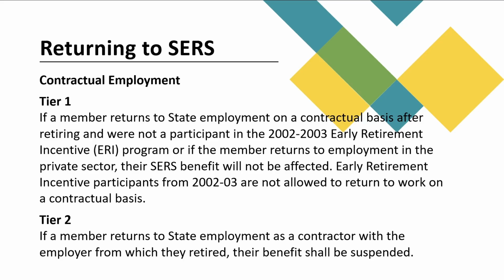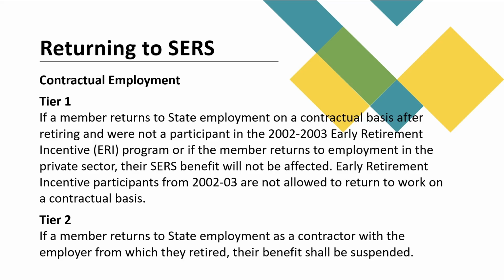Regarding contractual employment for Tier 1 members, if a member returns to state employment on a contractual basis after retiring and were not a participant in the 2002-2003 Early Retirement Incentive ERI program, or if the member returns to employment in the private sector, their SERS benefit will not be affected.